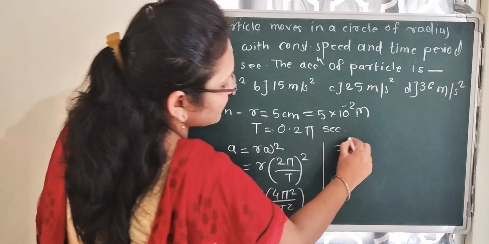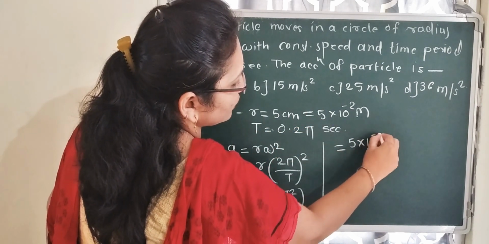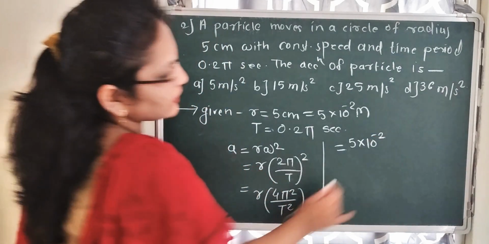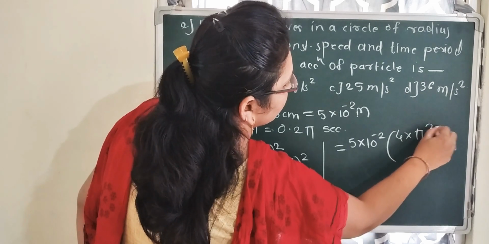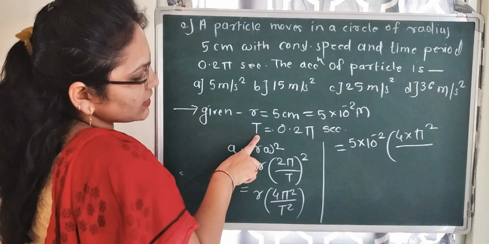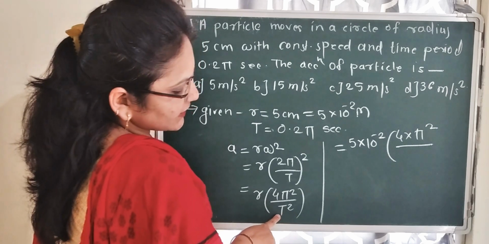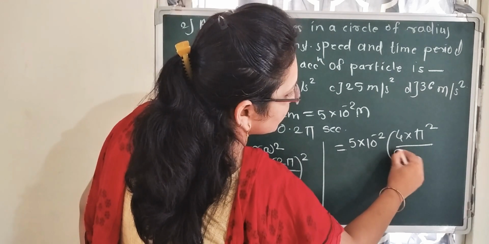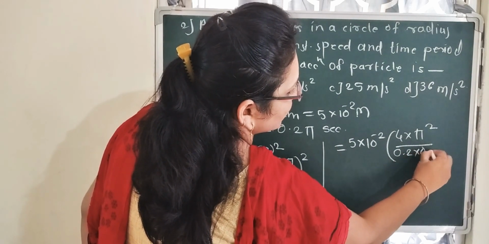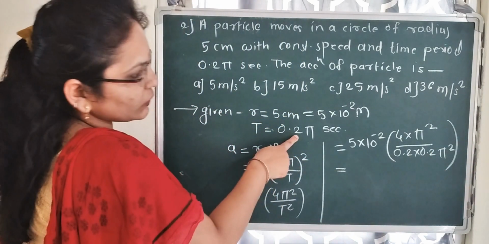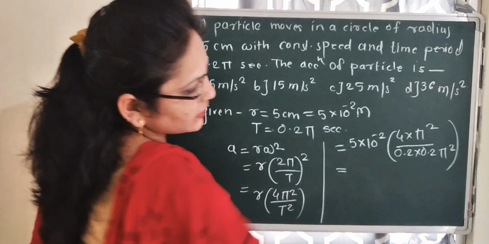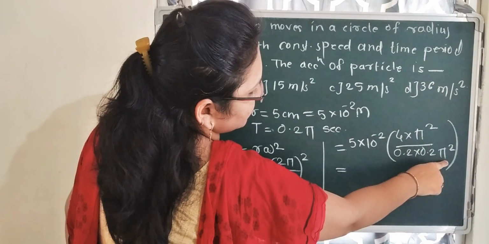What is r? Value of r is 5 into 10 raised to minus 2, then into 4 pi square upon, what is T? 0.2 pi, and here there is a square. So we can write 0.2 into 0.2 into pi square. This pi square gets cancelled.